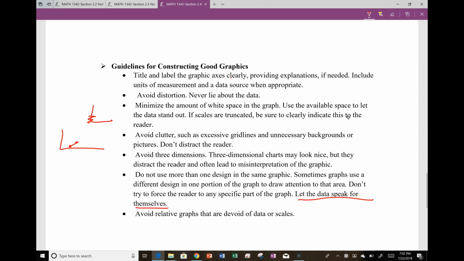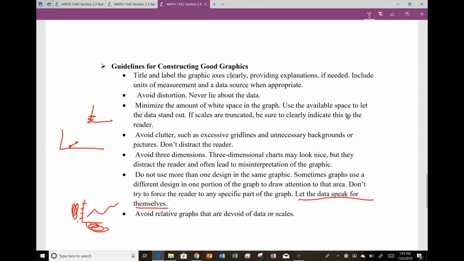Avoid relative graphs that are devoid of data or scales. Meaning, don't just put a graph here without any explanation, the graphics. Make sure that you have your scales labeled so that the reader, the person looking at the graph, can identify what you're discussing.